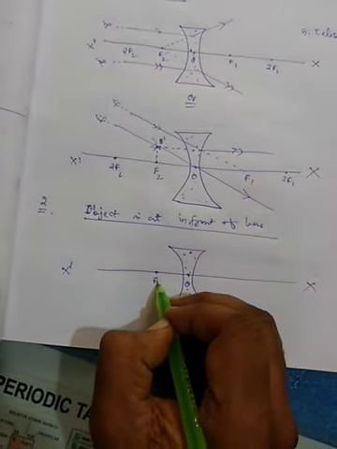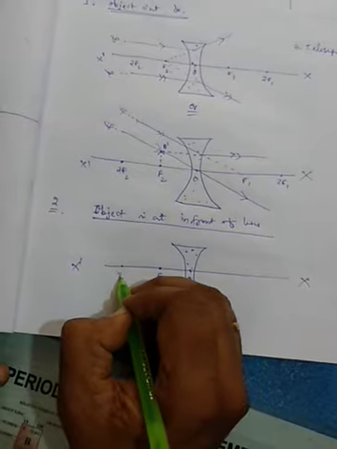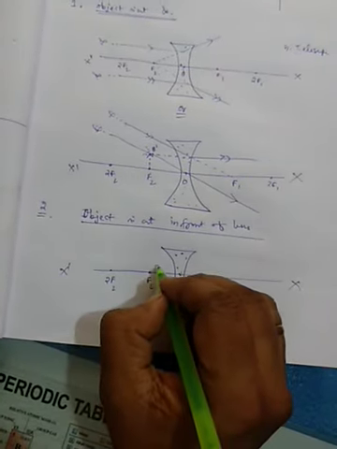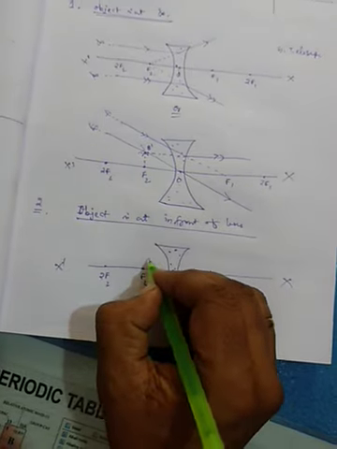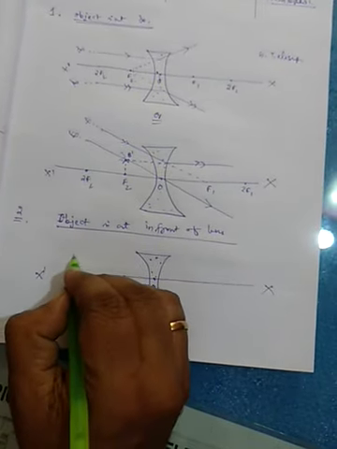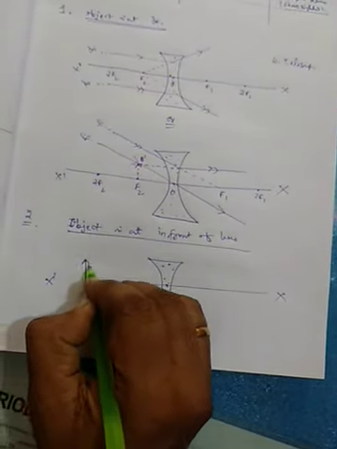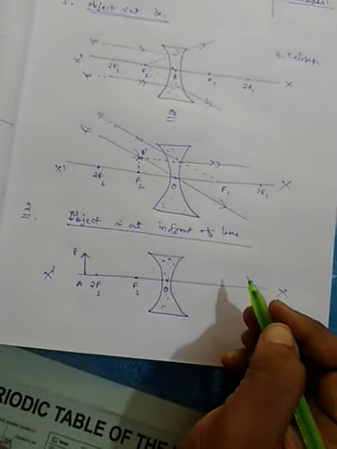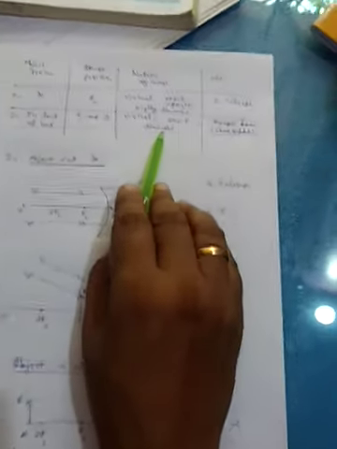This one is your F2 and this one is your 2F2. Now you put the object here, very near in front of the lens. The object should be large in size because the nature of the image is diminished. Object AB is here.